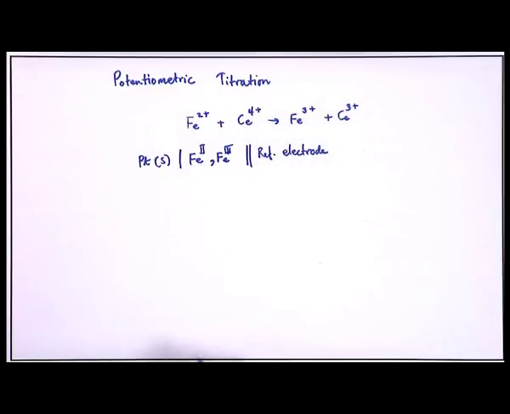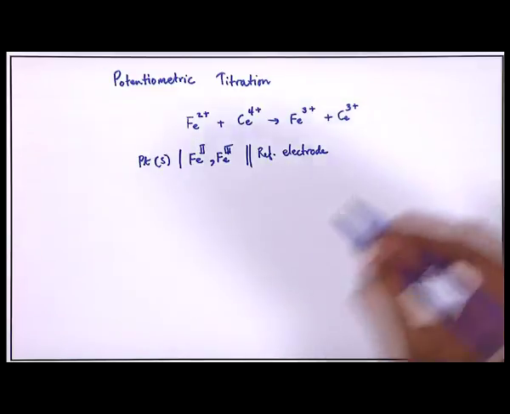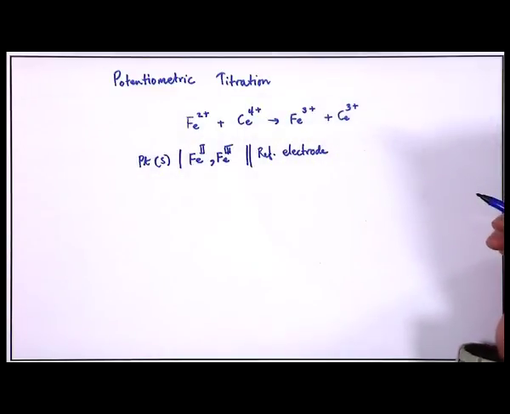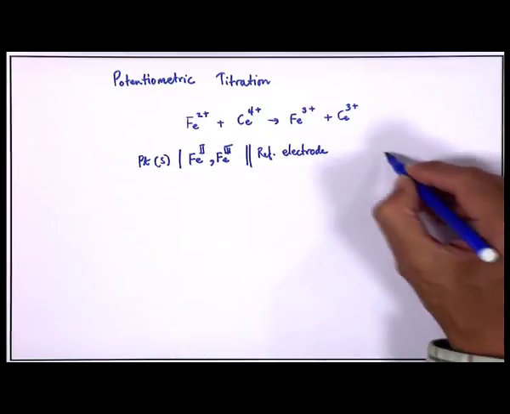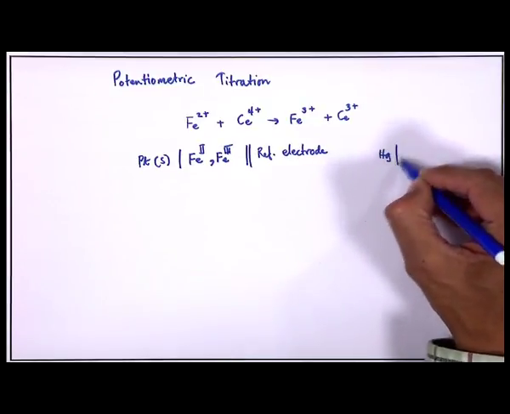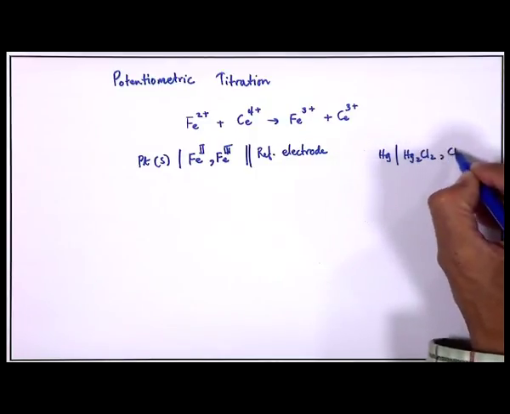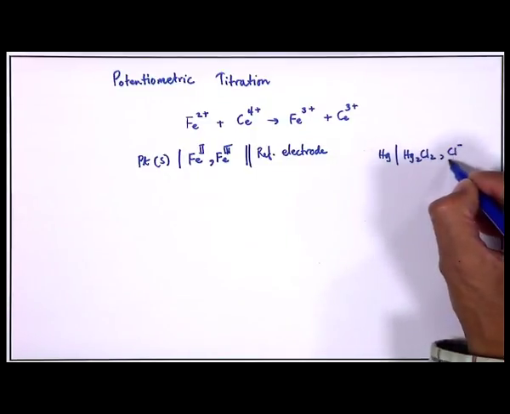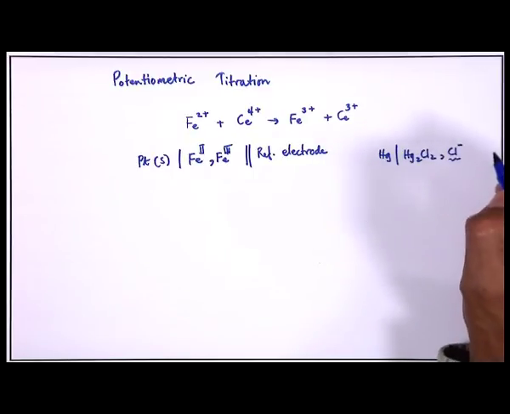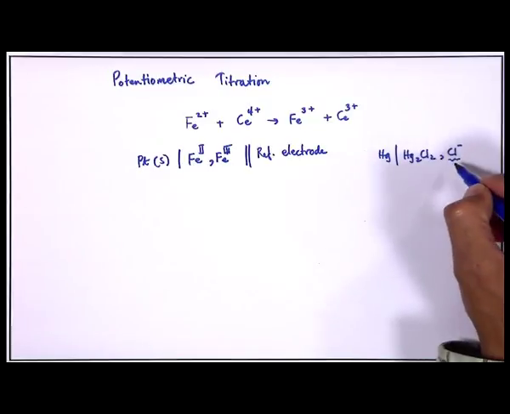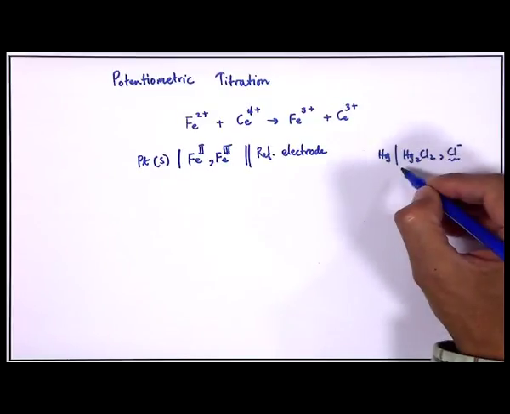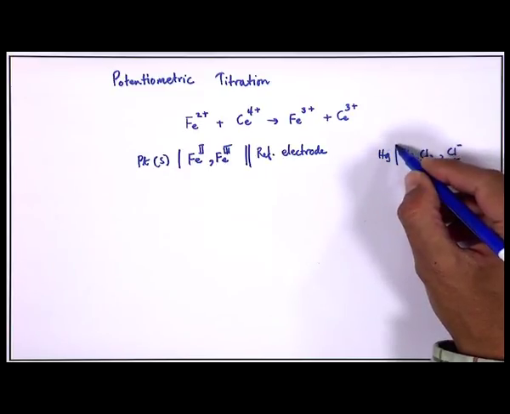It may be a standard hydrogen electrode or maybe something else, like maybe calomel electrode, mercury mercurous chloride, reversible with respect to chloride. So, depending on the concentration of this chloride, whether it is a decinormal or a normal calomel electrode, or a saturated calomel electrode, the potential will be accordingly varied.